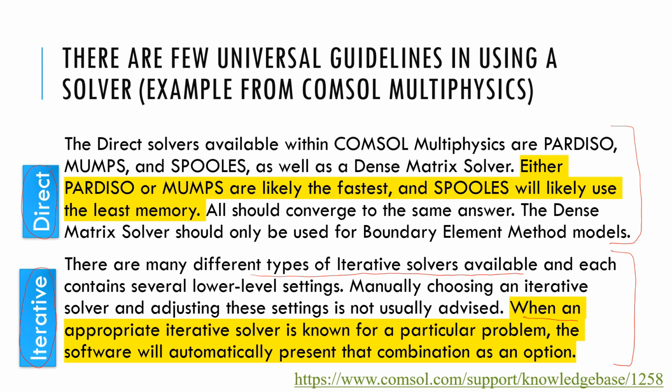When an appropriate solver is known for a particular problem, the software will automatically present that combination as an option, and the best one would be there as a default. But it's important to know that there are multiple solvers available, and there is nothing to say, oh, this is obviously the best one.